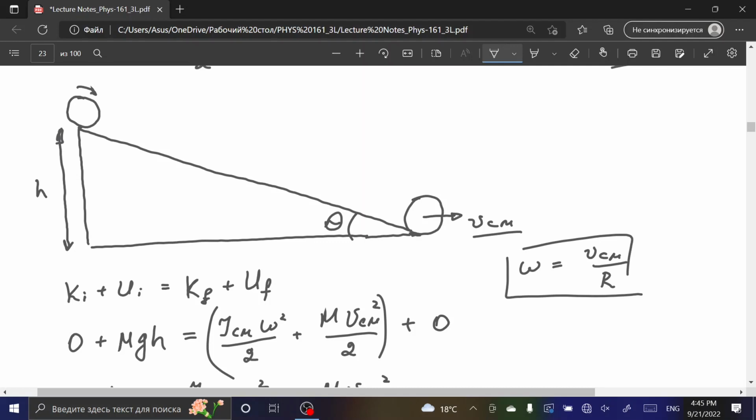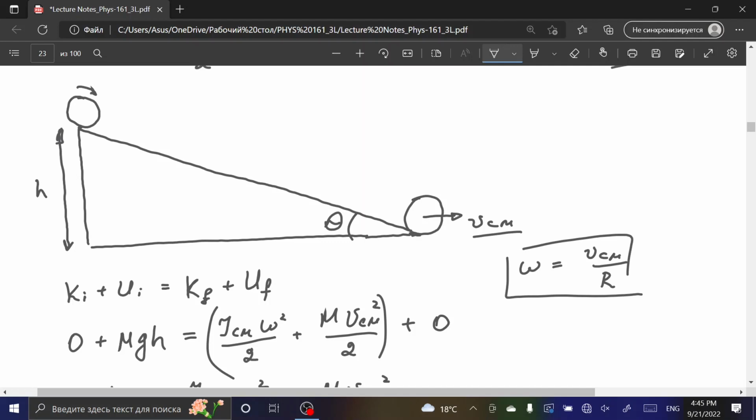And obviously, we operate with density, which is kilogram per cubic meter, surface density, which is kilogram per square meter, and linear density, which is kilogram per meter.